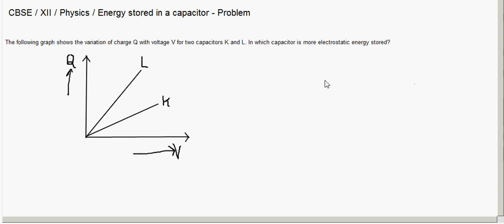Now we have to find out which capacitor will store more electrostatic energy.